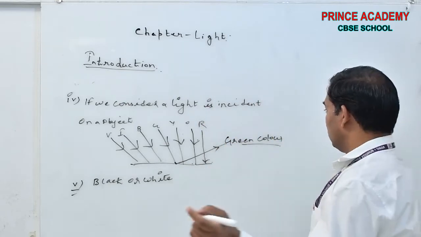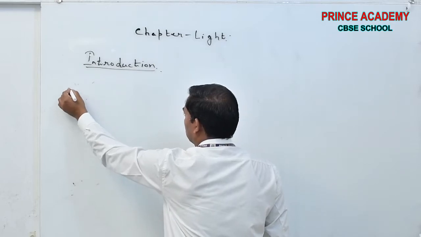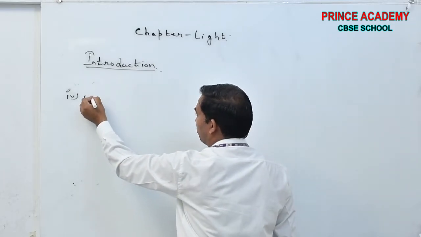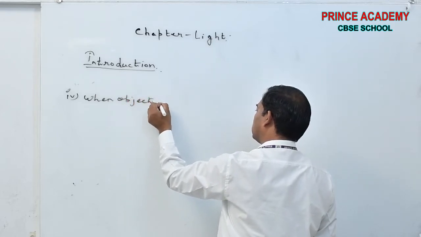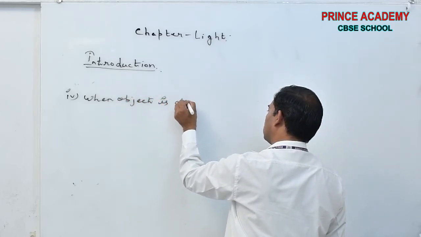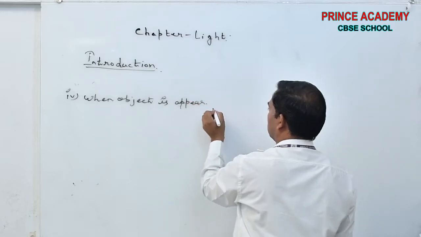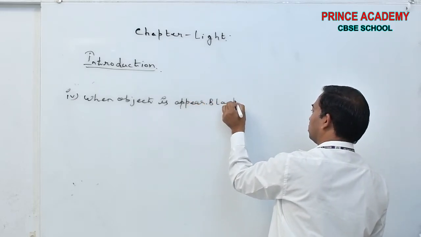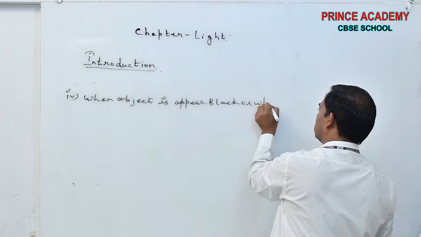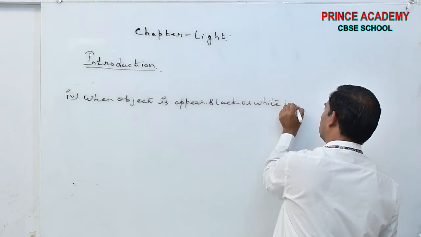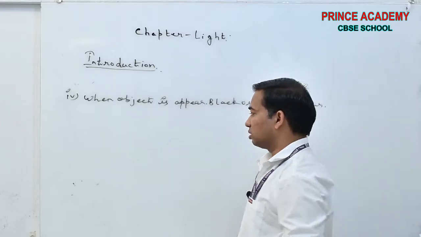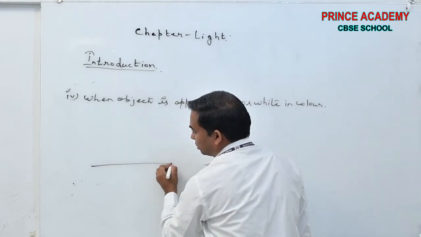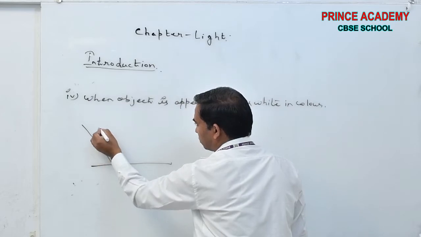When an object appears black or white in color, it means the light is incident on a surface.